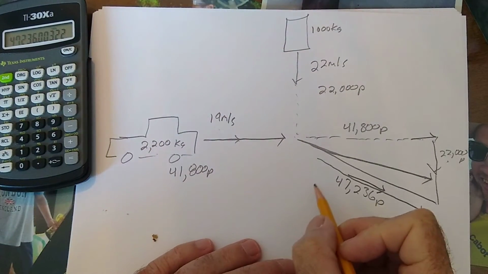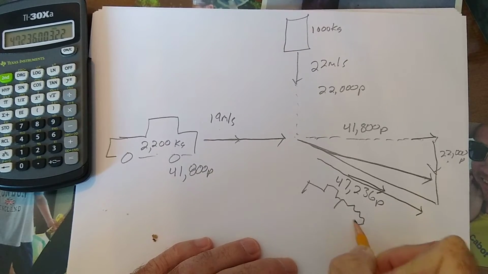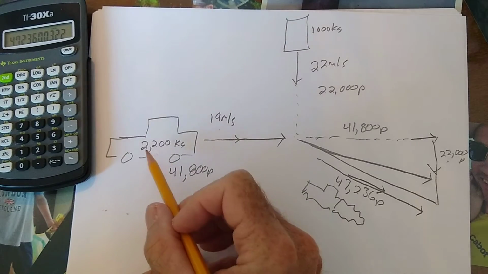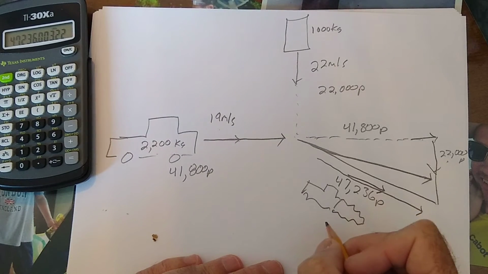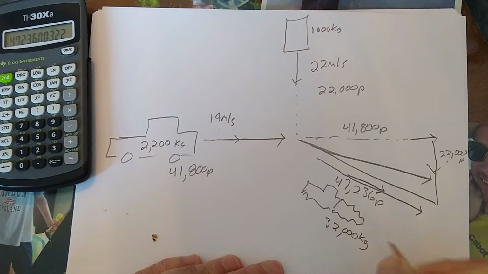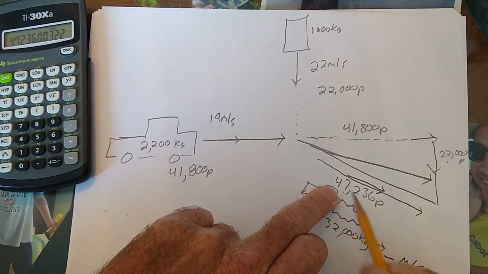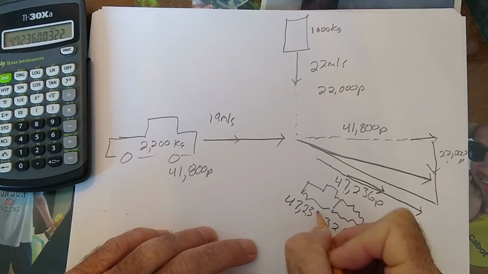And both of these, the truck and the car, are smashed together. So what is the total mass in this direction? Yep, it's 2,200 plus 1,000. So that's 3,200 kilograms moving that way at blank meters per second. And we have 47,236 as our total P.